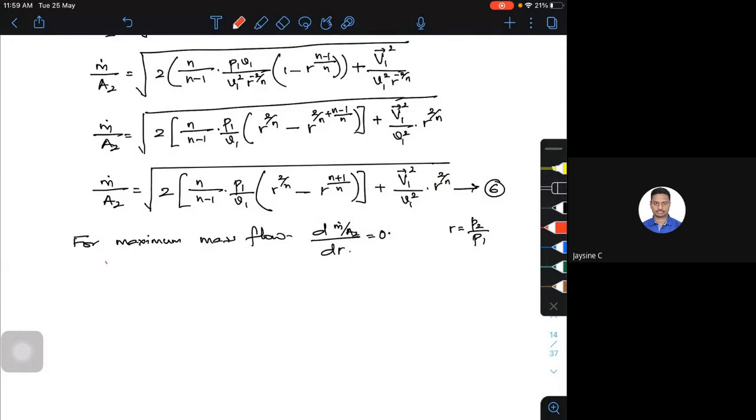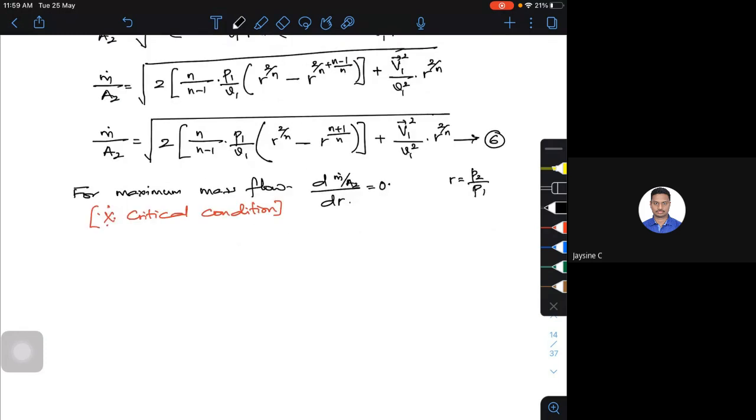This is your critical condition. Under the critical condition, I am trying to do this. So what will be the maximum mass flow rate under this condition? Now let me differentiate this.